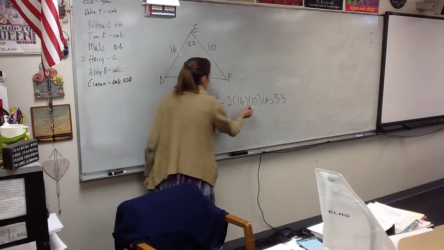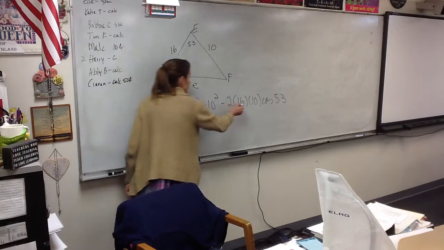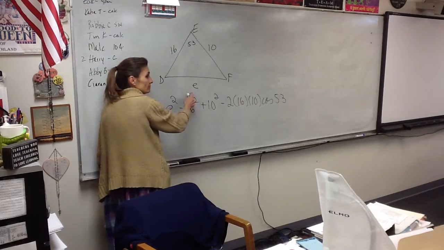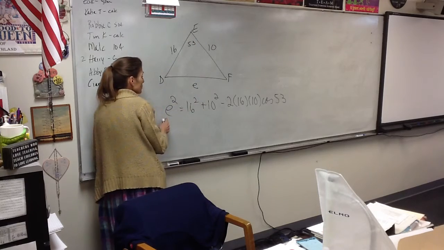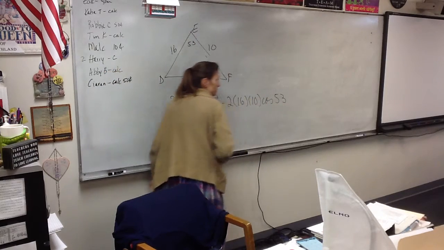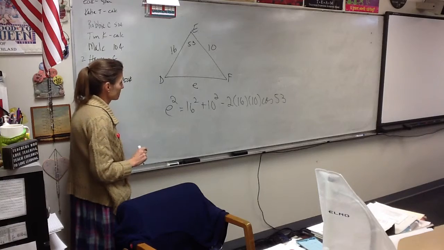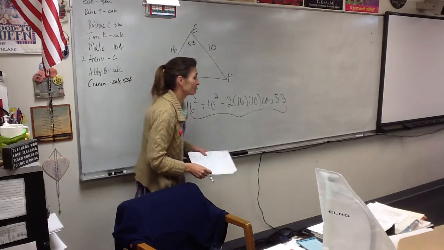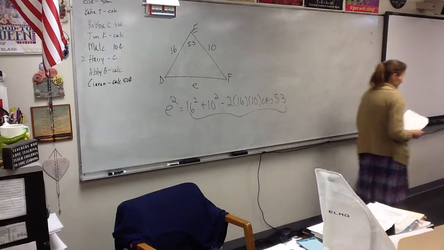All of this middle part is the 16s and 10s. On the ends are the e's. E squared, cosine E. This can just get typed in exactly like it is.